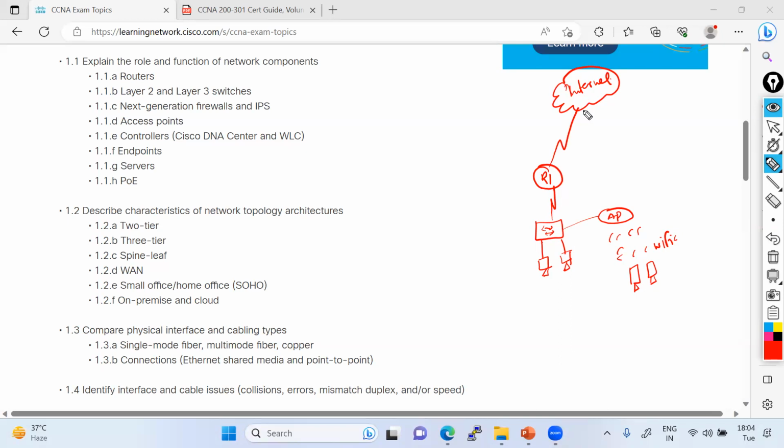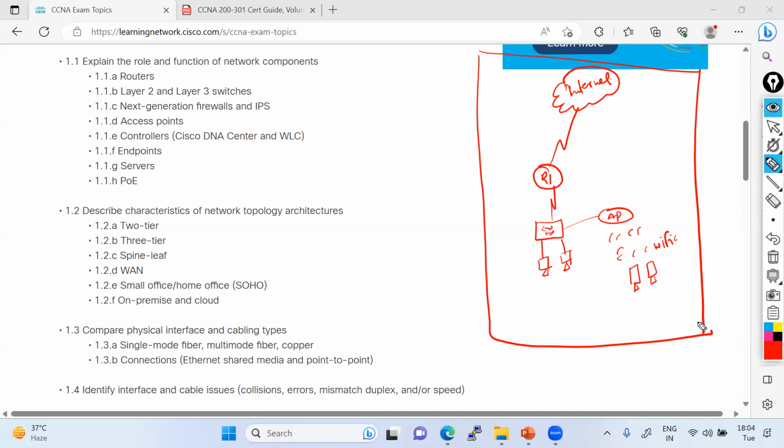So we have one diagram here. You can see it is a very small and very basic diagram. Even your home has this diagram. Any network connection you represent with the help of a diagram is known as the topology. So network topology is just the connection between the devices.